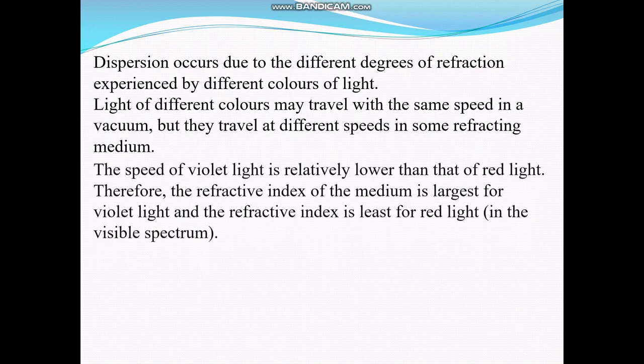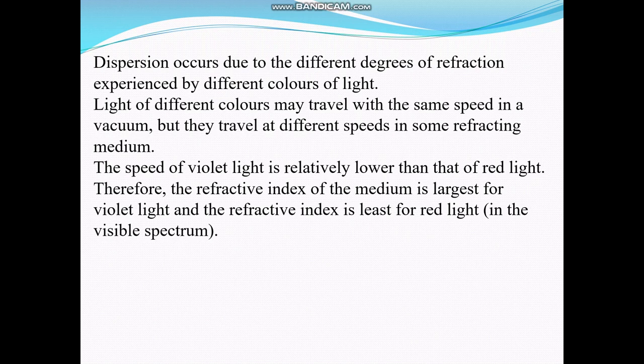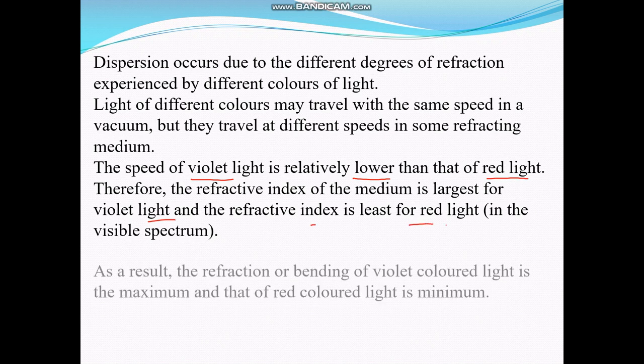The speed of violet light is relatively lower than that of the red light. So you need to remember that the speed of violet light is less than that of red light. Therefore, the refractive index of the medium is largest for violet light and least for red light.